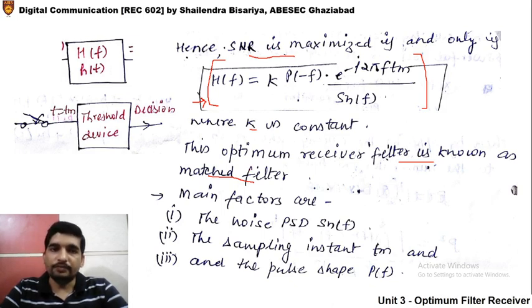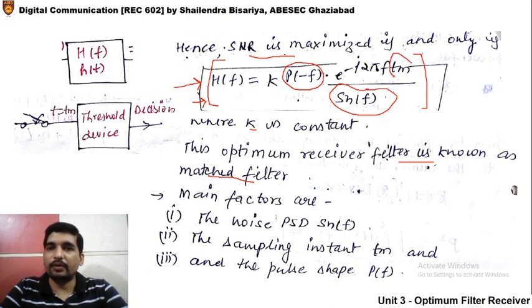If we see this equation of transfer function H(f), the filter response, we can say that there are three terms on which it depends: the noise power spectral density Sn(f), the sampling instant tm at which you are sampling, and the third one is the pulse shape P(f).